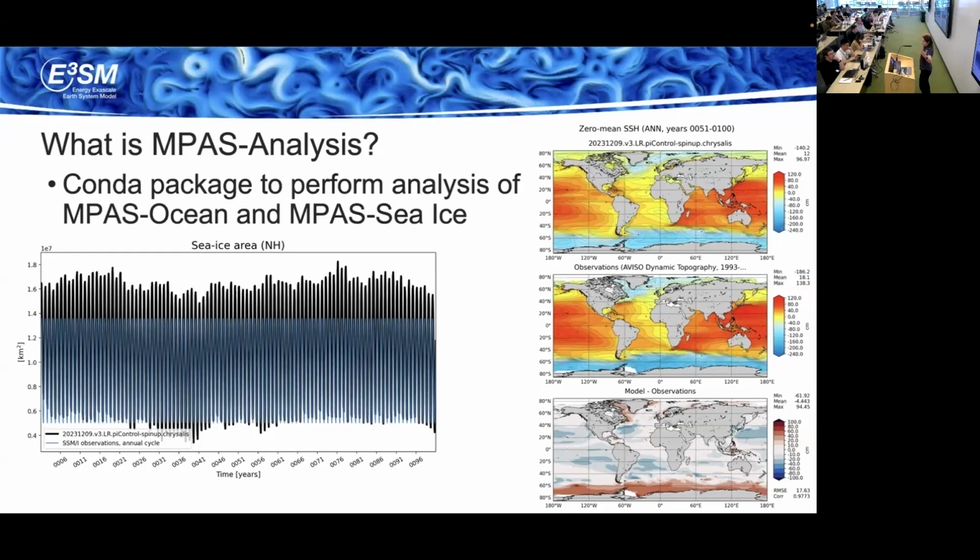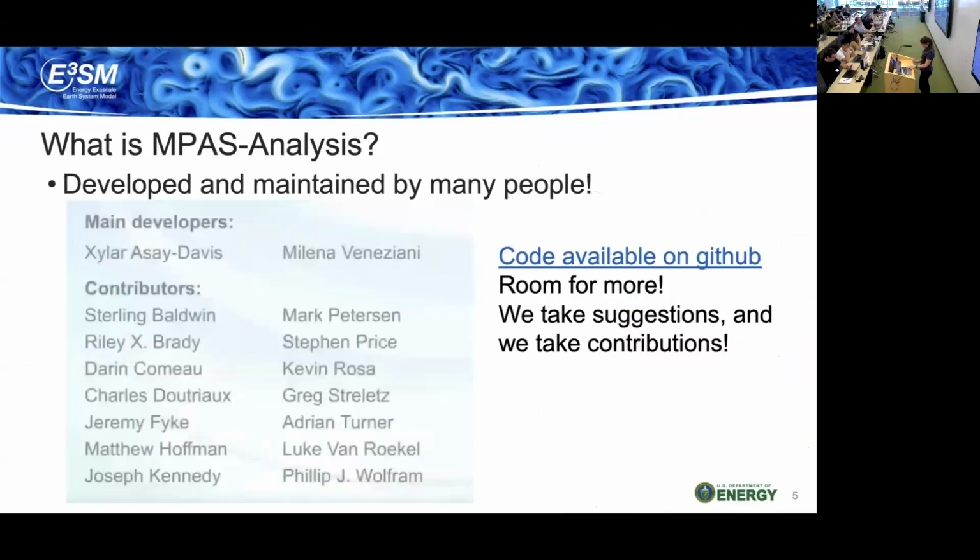The wiggles are just because this is a very long time series, and the wiggles are the seasonal cycle of having a lot of sea ice in the Arctic and then low sea ice in the summer. And what you see in blue is the range of the observational climatology of Arctic sea ice. So these are the two major types of plots that you might see if you click on the link once you've run MPAS-Analysis.